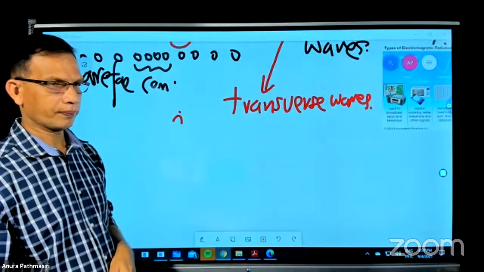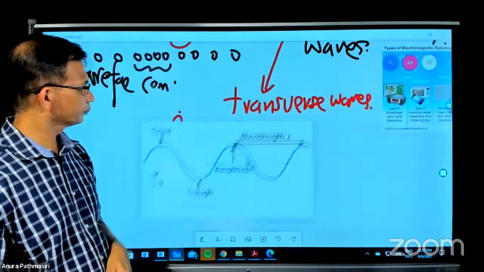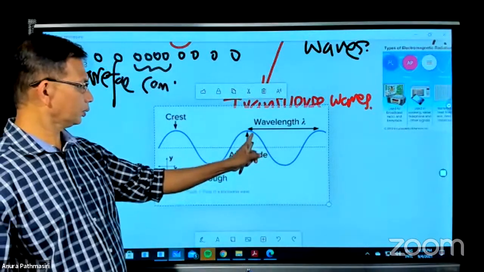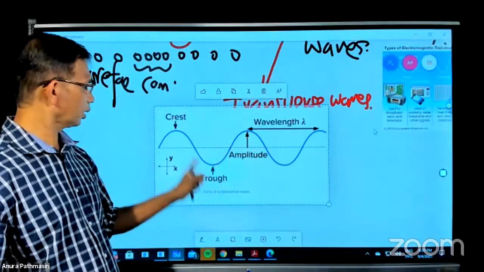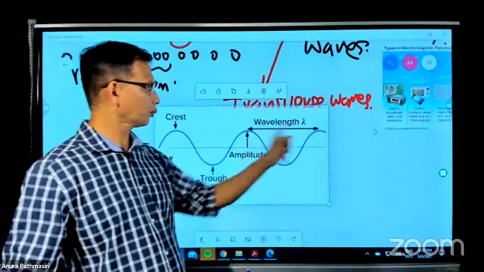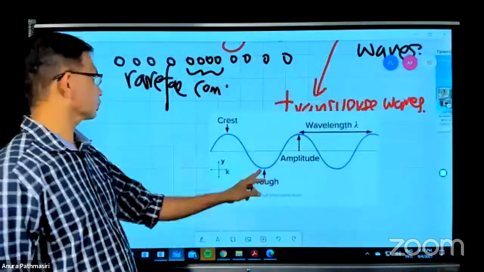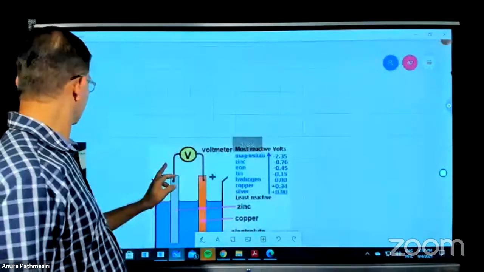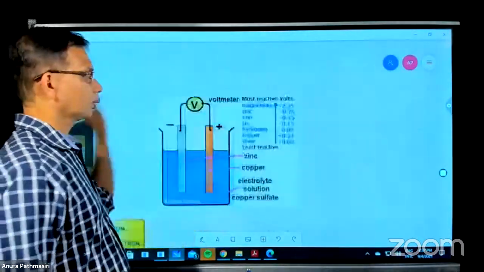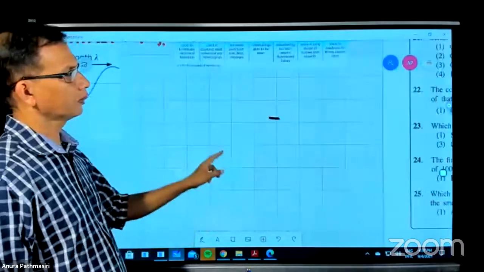This one. What are they? Amplitude, trough, crest, and wavelength. So my question, what is my question? Where should I go? I'm going the wrong way.